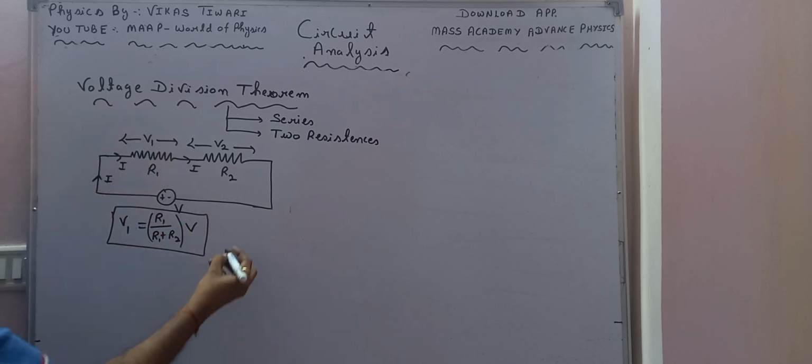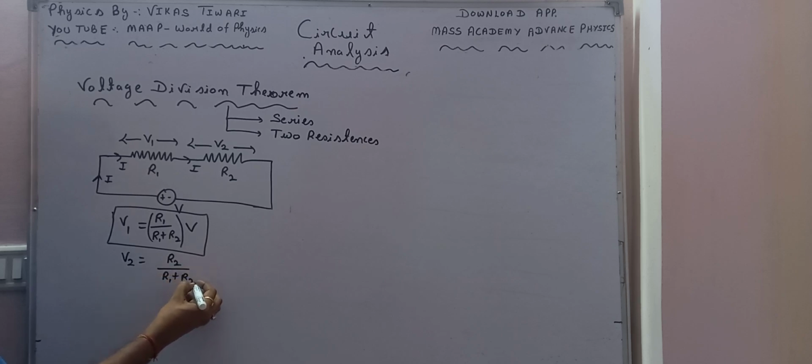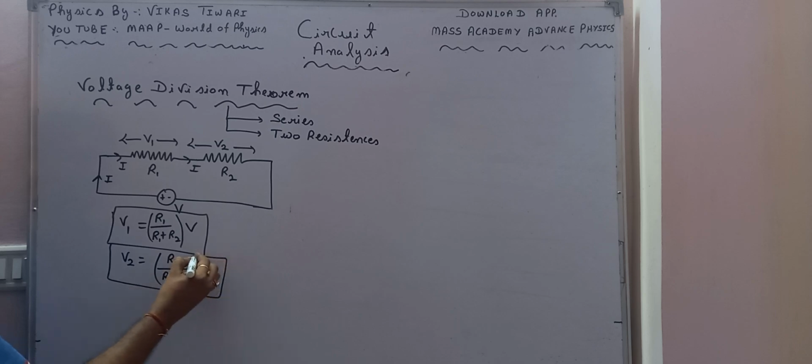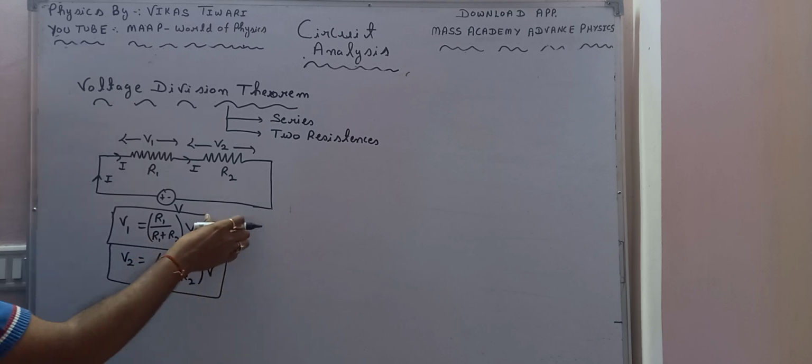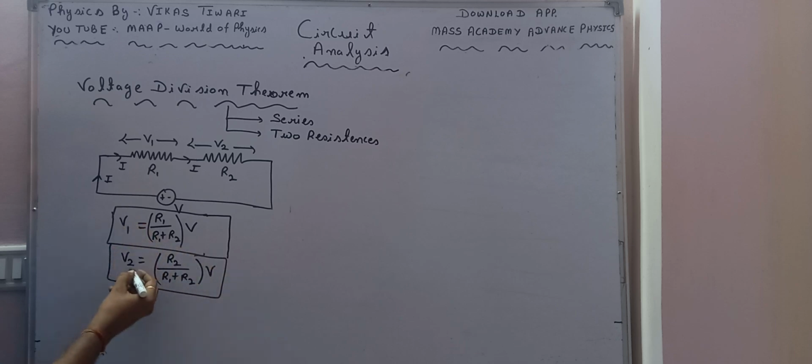Similarly, the value of V2 is R2 divided by R1 plus R2, into the total voltage V. So V1 and V2 are expressed in terms of the total voltage V.